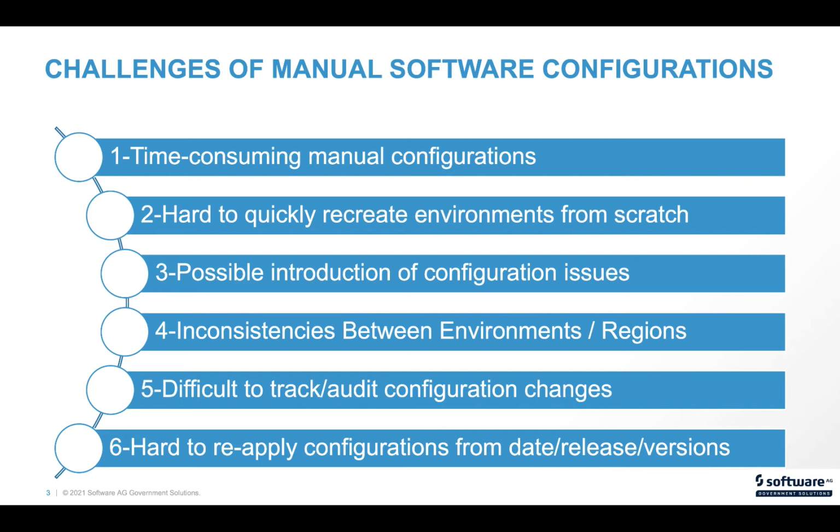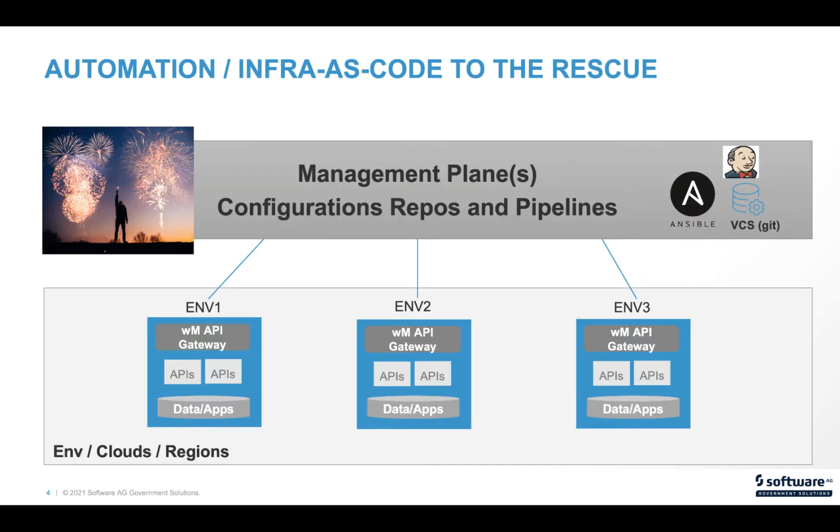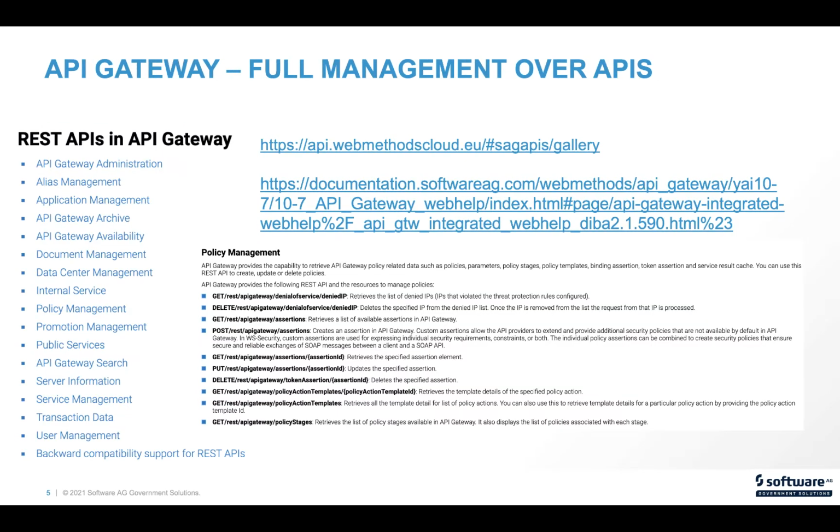And the effect of that is that also it will be quite hard to reapply a configuration set from, say, a week ago, a month ago, or even a year ago. And overall, this is why this topic of infrastructure as code and automation is quite important for anybody wanting to operationalize SoftwareAG API management platform and avoid all these issues mentioned before.